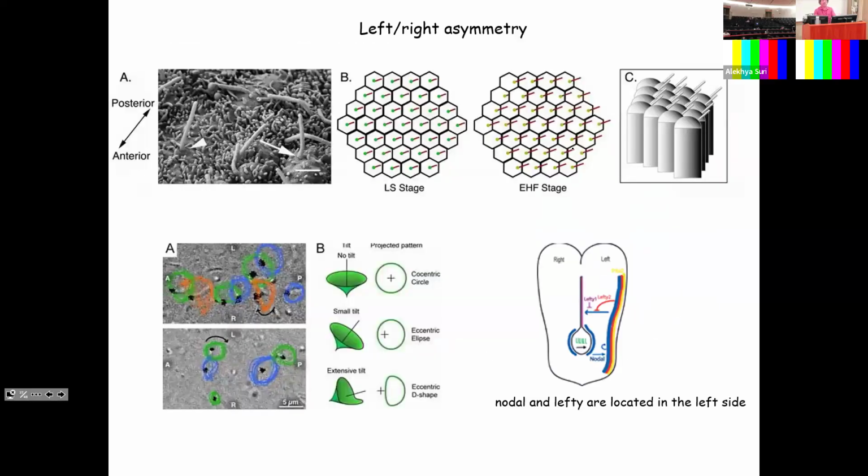Okay, the Hensen's node that I told you about, that is at the tip of the primitive streak, which is essential for producing important signals, is also responsible in part for the formation of an asymmetric kind of structure.